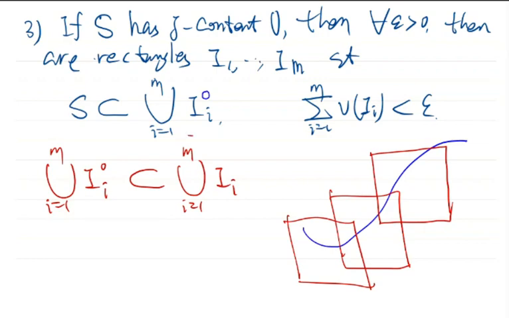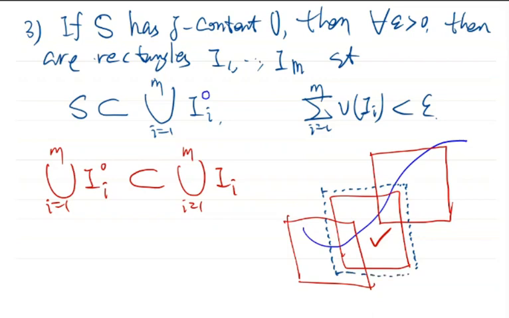Therefore, the union of the rectangles containing S does not ensure that the union of the interiors contains S. Okay, but you can enlarge every rectangle slightly. Intuitively, you enlarge the rectangle slightly. For example, this rectangle, I enlarge it slightly to obtain this rectangle. Each rectangle you enlarge slightly.